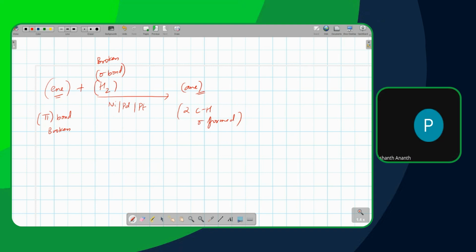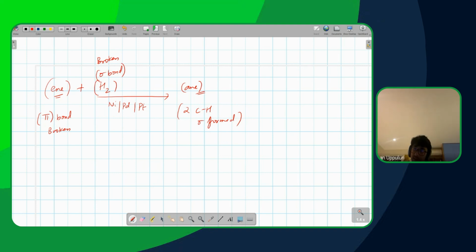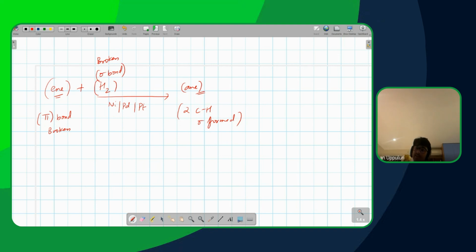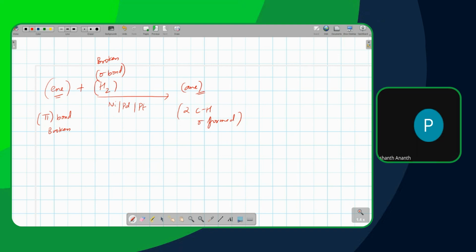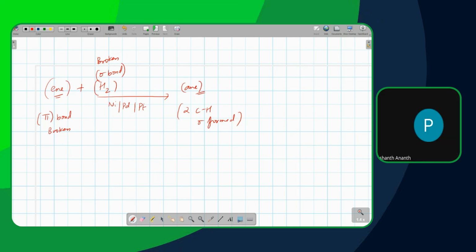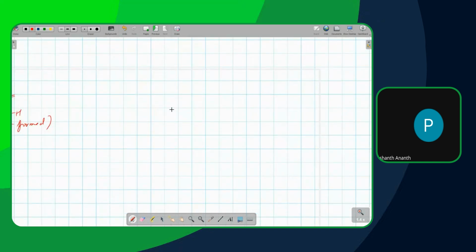Sigmas are more stable than pi, correct? Yes. So effectively, the more stable bonds are being formed over here. That means the product formed is more stable. So this is where the other piece of data which you should have learned from thermo will come into play better. Let me give that to you separately so that you will remember it cleanly.